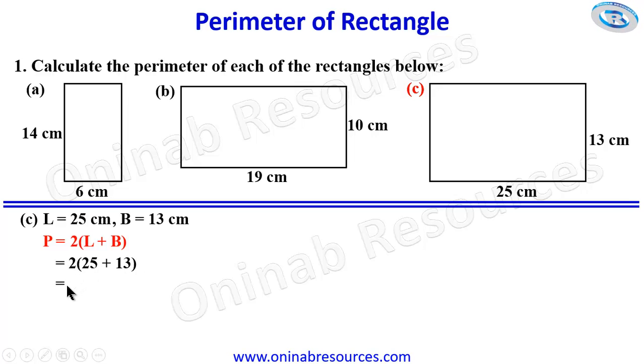That's going to give us 2 times 38. 2 times 38 gives 76 centimeters, which represents the perimeter of the third rectangle, length 25 centimeters and breadth 13 centimeters. And that's all for problem 1.